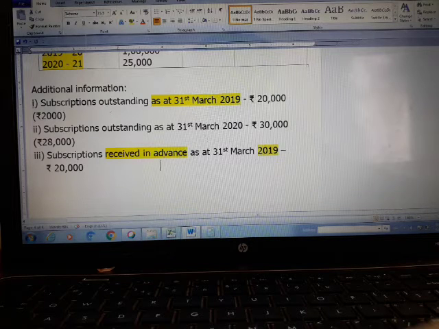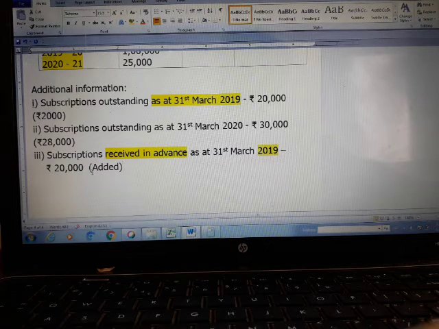This amount of subscription which you got as an advance is for the current year period. So this amount of 20,000 should not be subtracted, it should be added. Keep that in your mind. Able to understand, students?